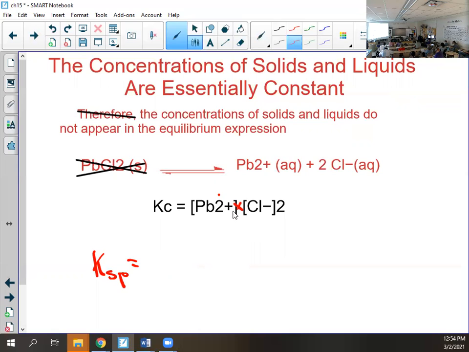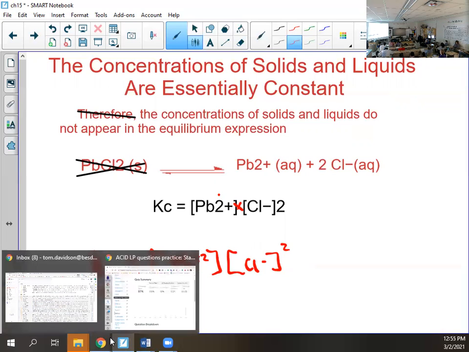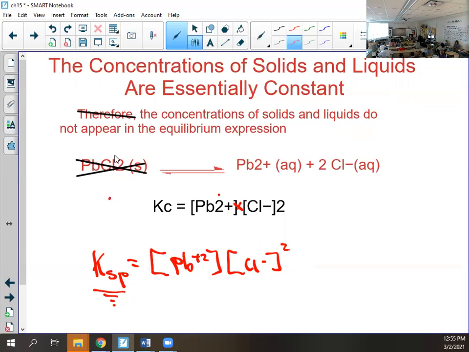So the KSP for PbCl2 would just be the concentration of Pb plus 2, and that's just its charge, it's not part of the math, and Cl minus squared. KSP is really the easiest of all of them because you never have to deal with the reactant because it's always a solid. You okay with that?